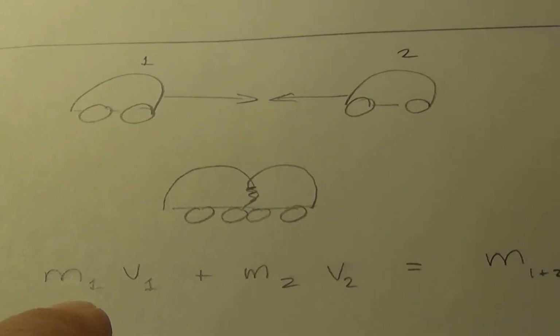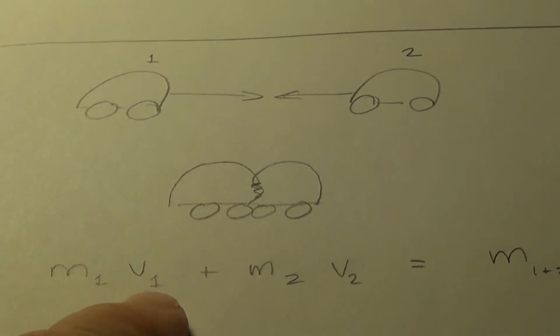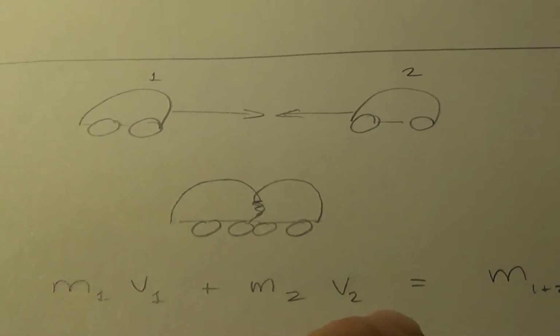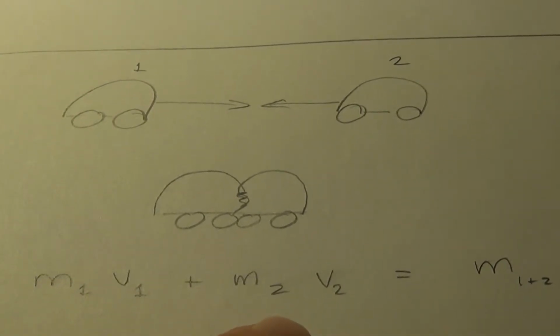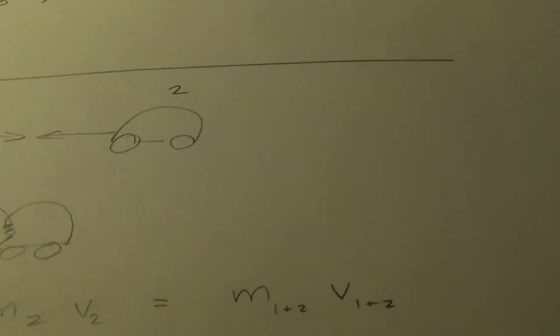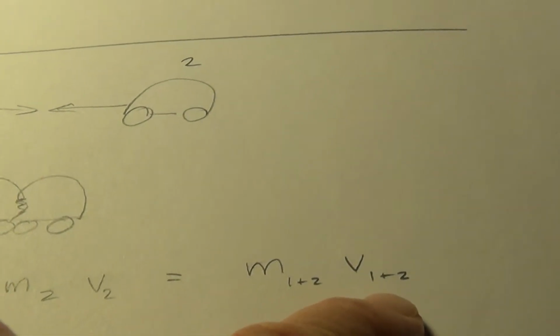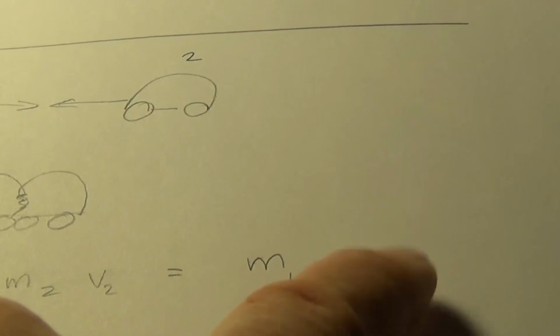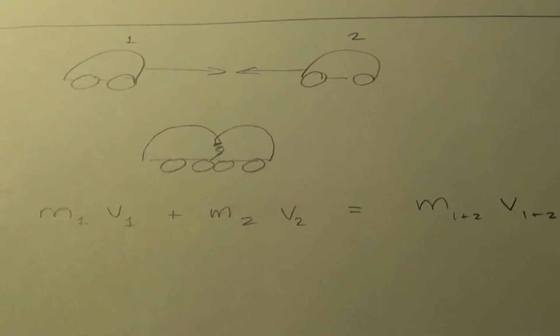So we have mass 1, velocity 1, plus mass 2, velocity 2. They're separate in the beginning. But at the end of this problem, they are one, the mass of the two combined and the velocity of the two combined. And we were looking for this. And again, we had numbers. And I just wanted to remind you how this works.